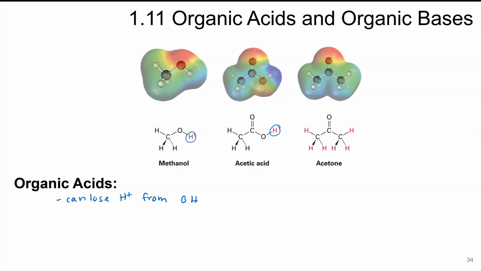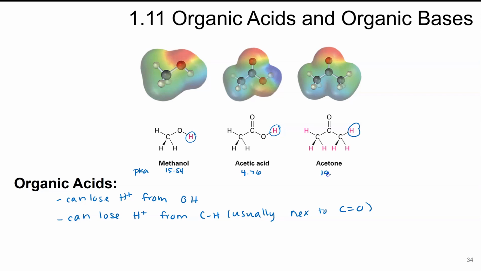It can also lose a proton from a CH, and this is usually next to a C=O bond. So this one here would be an H next to a C double bond O. These qualify as organic acids. The pKa of each of these: methanol is 15.54, then 4.76, and this is 19.3.